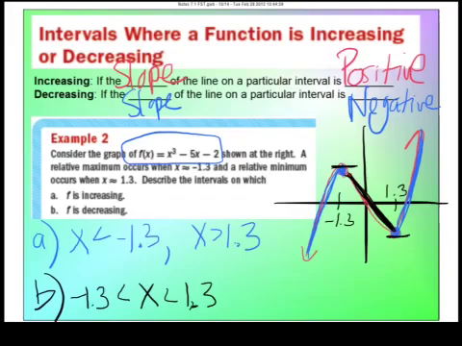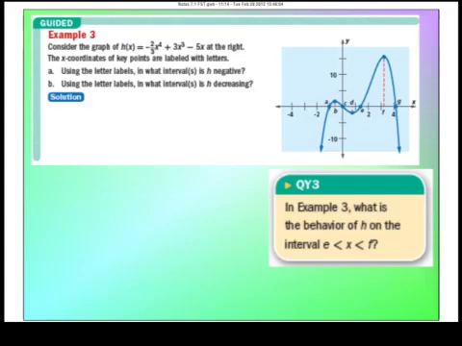Now there's 2 other vocab words that are not formally introduced, but we do need to write that down. One would be negative. When is a function negative, and when is a function positive? So let's just jot that down here. The function is negative versus positive.